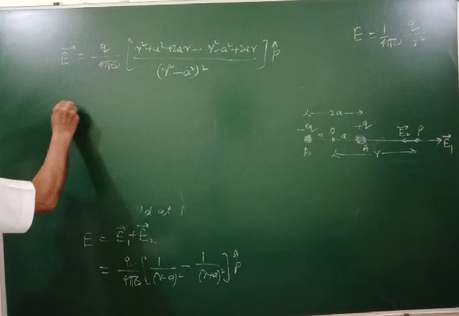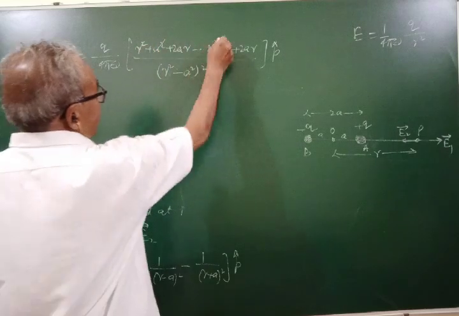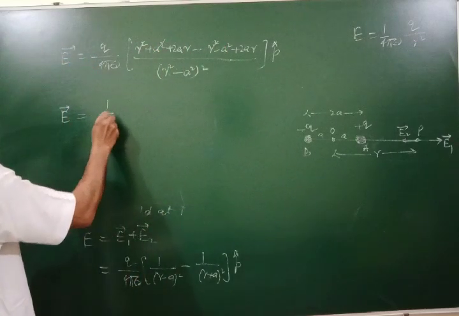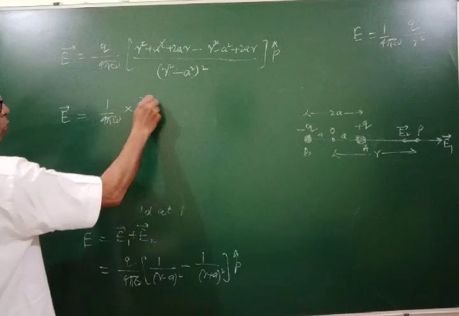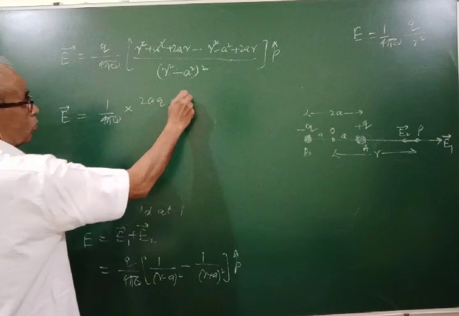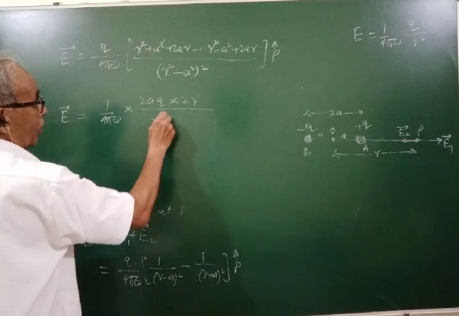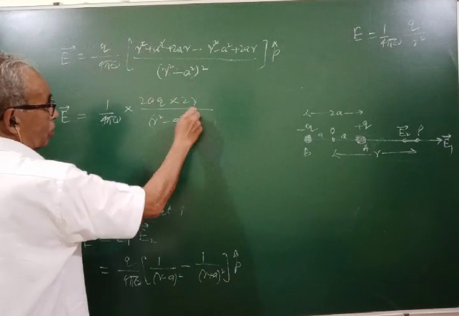These terms get cancelled, so I write E equal to 1 upon 4 pi epsilon 0 times 2aq into 2r, that is 4 aqr, upon (r square minus a square) whole square, p cap.